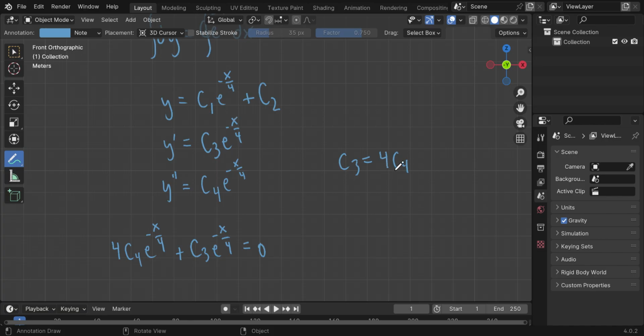That's totally fine, because C4 can just be adjusted. Anyways, there is the answer there.